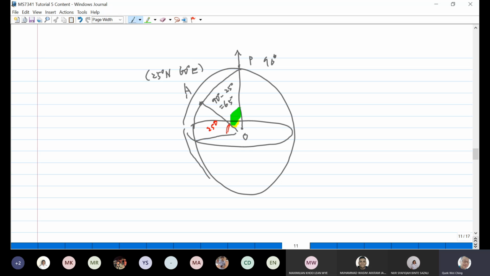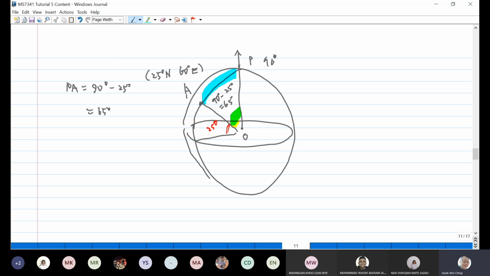And this is how we measure the distance in a great circle. We always measure the distance in degrees first. That means PA, for example, if you try to measure it, PA is actually 90 degrees minus 25 degrees, which is 65 degrees.